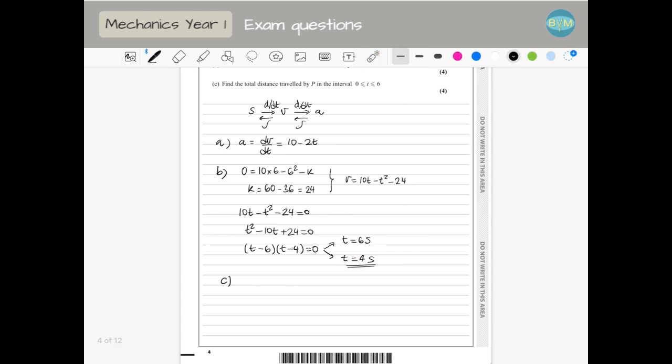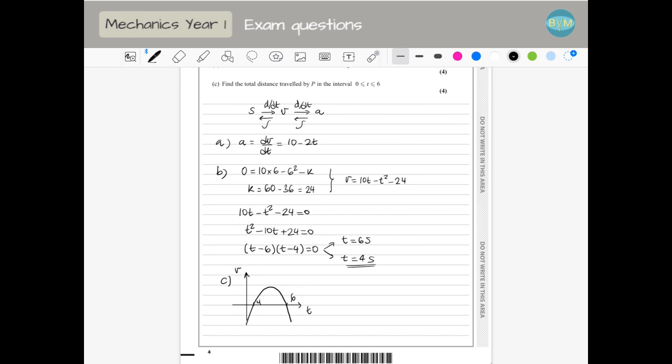So if we represent the velocity time graph, it is going to do something like this. This is 4, and this is 6, and this is the velocity, and this is the time.